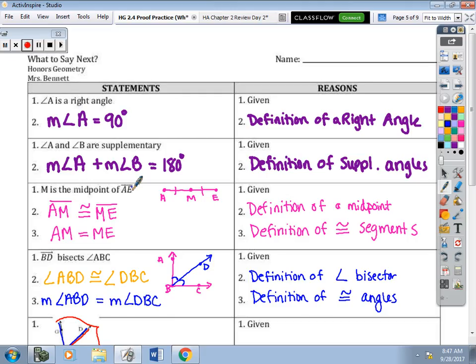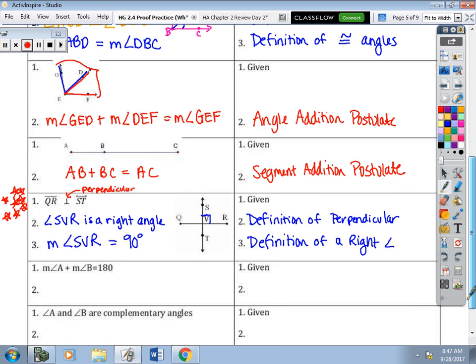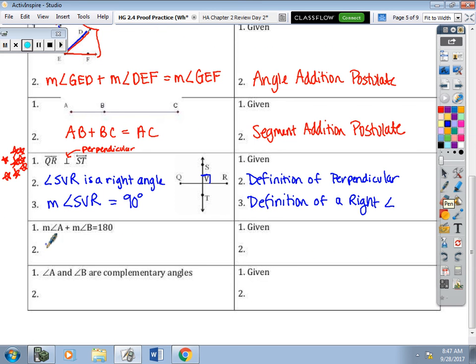If you know two angles add to be 180, then you can go backwards and say they are supplementary. The reason is the same. So we'll say angle A and angle B are supplementary. Again, number to word or word to number is the definition of that word.